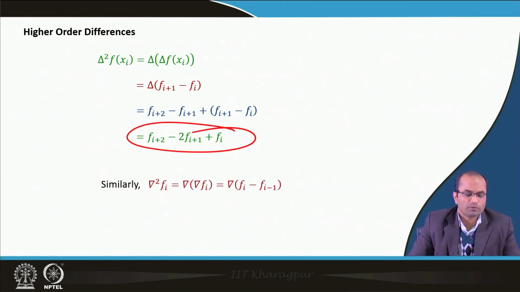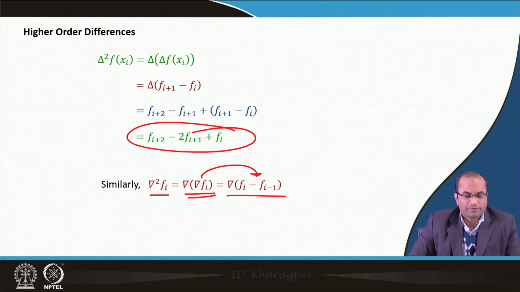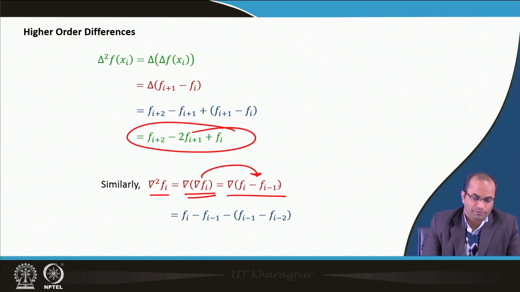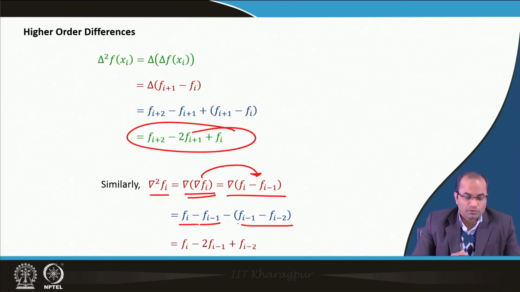Similarly, we can talk about the second order backward difference operator, del squared f_i. Here we operate two times. The first time we get f_i minus f_{i-1}, and we operate the backward operator again, so we get f_{i-1} minus f_{i-2}.